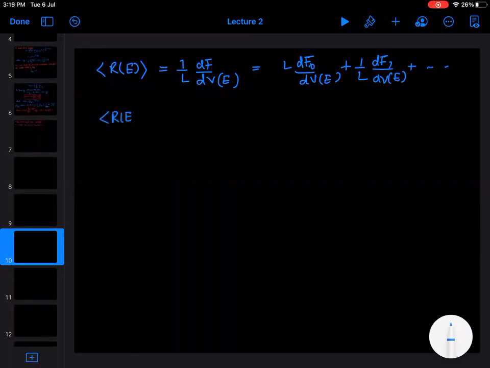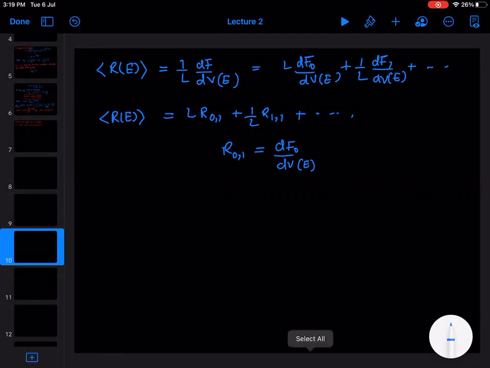You write the genus expansion for R of E, which is L R0,1, and so on, and you can compare these two. You will see that R0,1 is nothing but dF0 over dVp. Now you can keep on operating d/dV again and again on the free energy, and you can write a similar relation for all Rg,n.